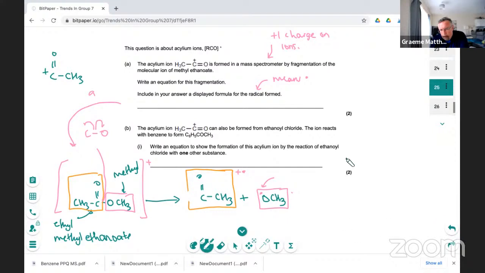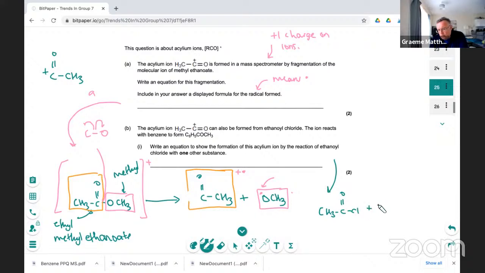This is this bit down here, look. So here is my ethanoyl chloride. You'll notice, chemists, that they always keep the acid chloride really easy. It's either ethanoyl chloride or propanoyl chloride, right? So this right here, ethanoyl chloride.